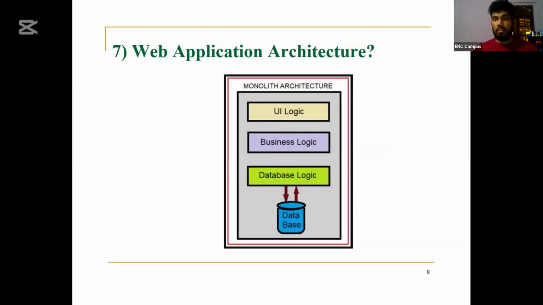Then we discussed that when we are developing an application, we can follow different architectures. In an application, we can create the whole application as a single unit. We call that a monolithic architecture.